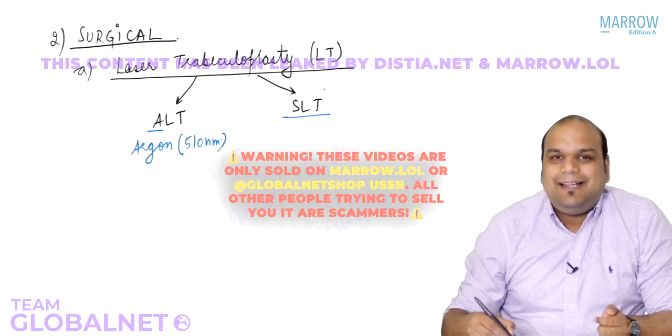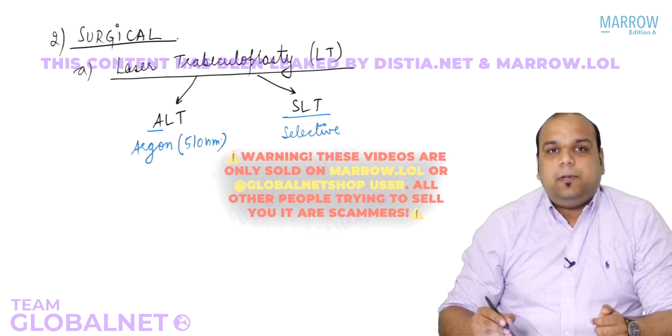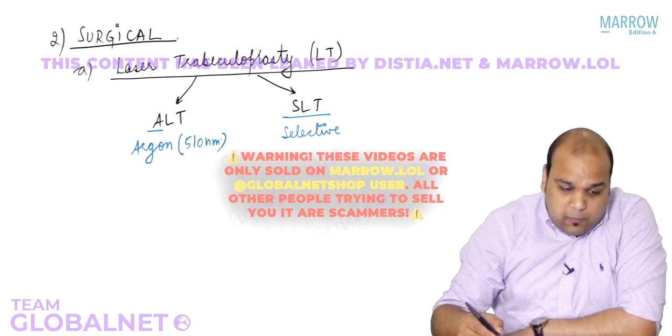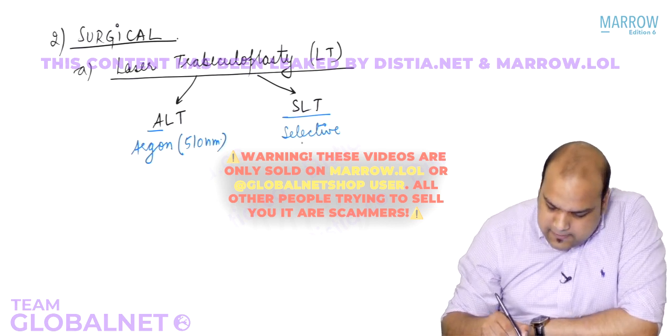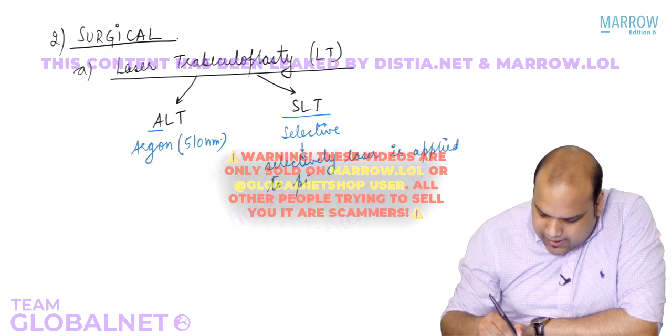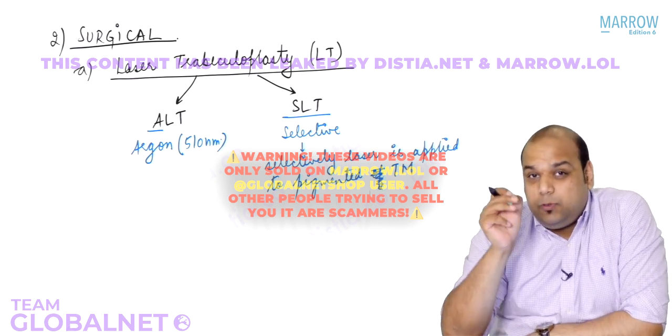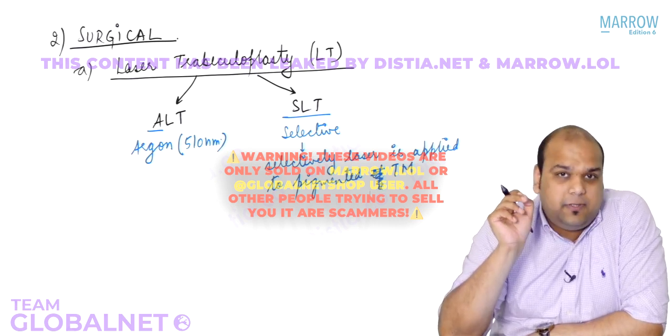And in SLT, the full form is selective laser trabeculoplasty. Selective laser trabeculoplasty it is called because selectively laser is applied to only the pigmented portion of trabecular meshwork. It is applied only to the pigmented trabecular meshwork.